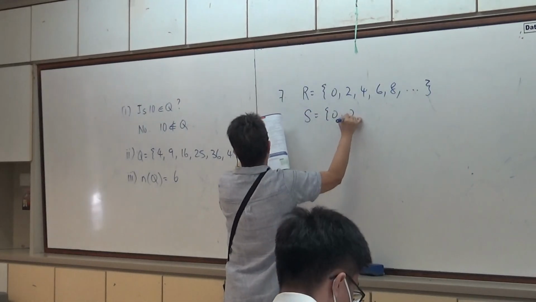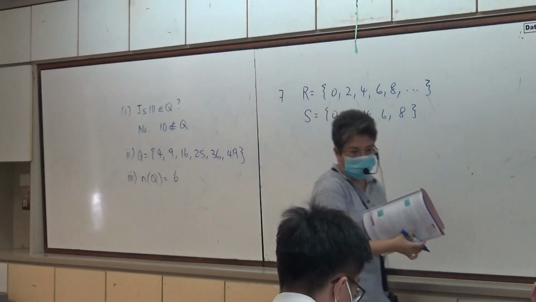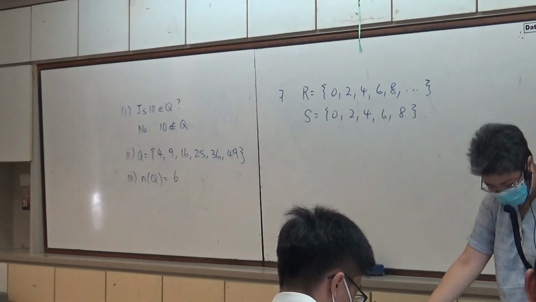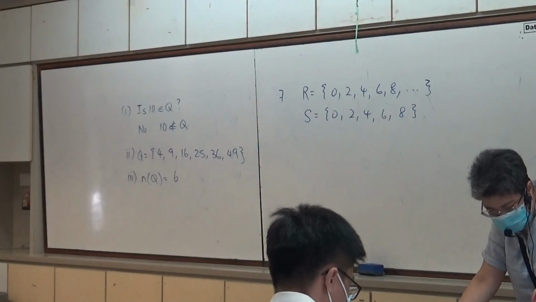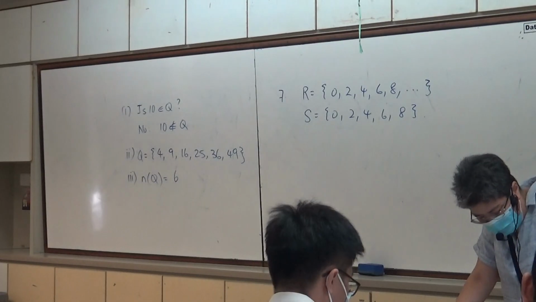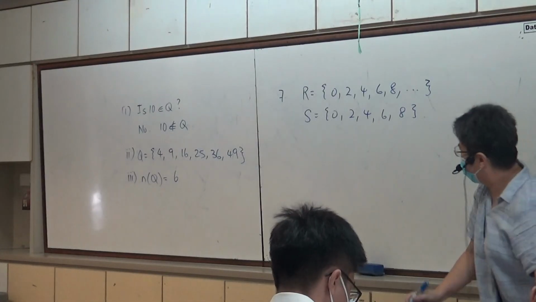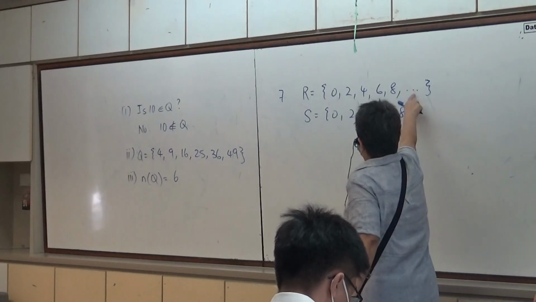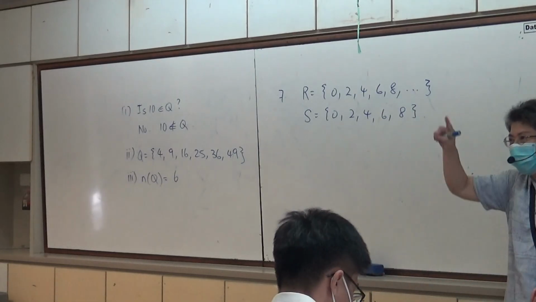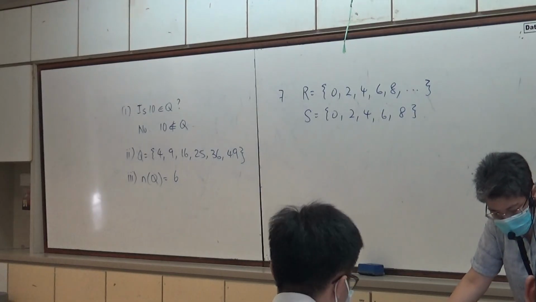S is 0, 2, 4, 6, 8. Now, can you tell me what does this dot, dot, dot mean? There's more. It goes on, right?